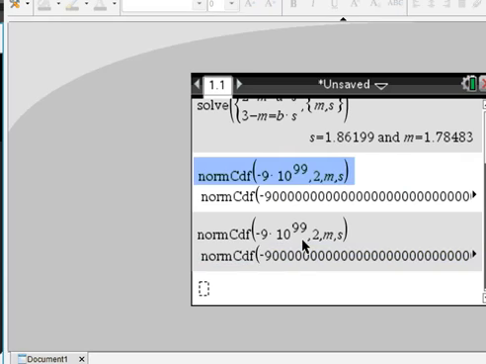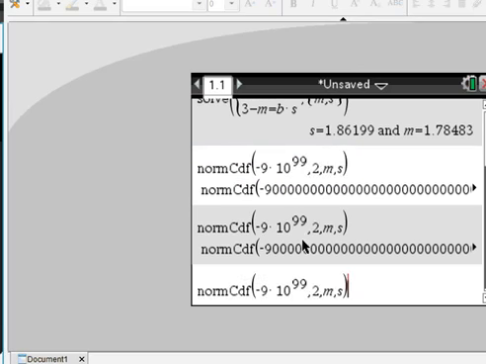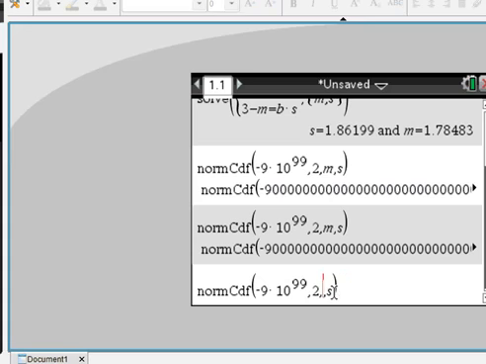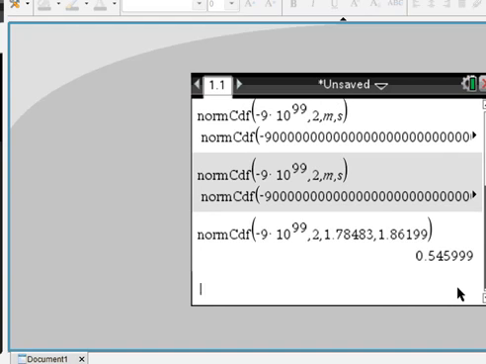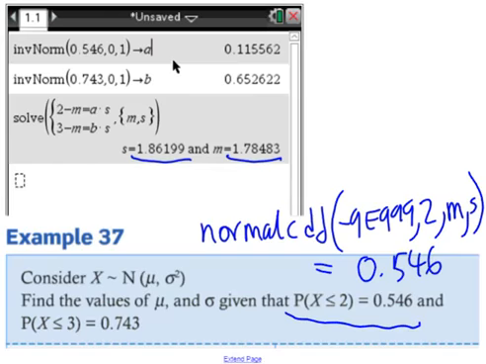Okay, let's try just typing it in. The mean is 1.78483 and the standard deviation is 1.86199. The result is 0.545999. Is that what it was supposed to be? Yeah. Okay, so it worked.